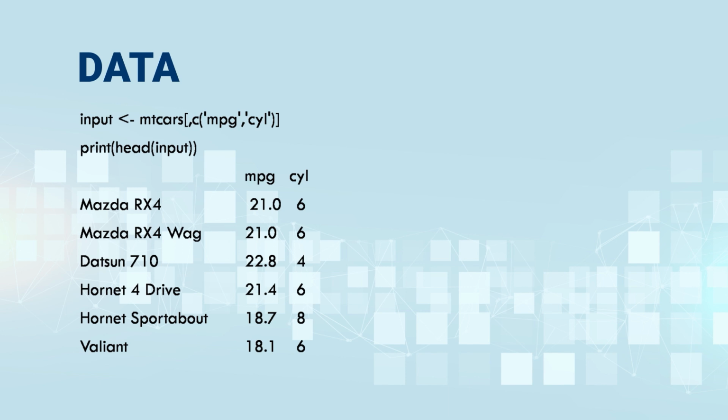It will only take those columns, mpg and cyl, because mtcars has 6 or 7 columns, so it can take only 2 columns if you want. And you can print the head, which means you can simply print the initial 4 or 5 values, to see what this data set actually contains.